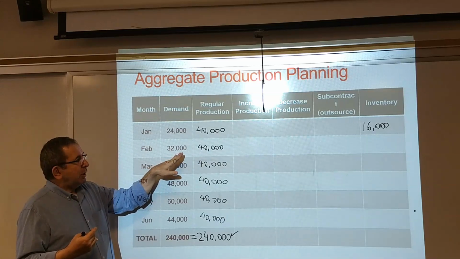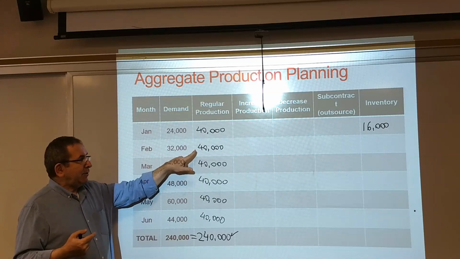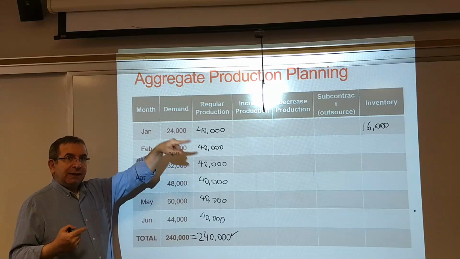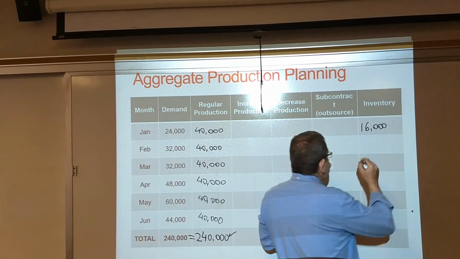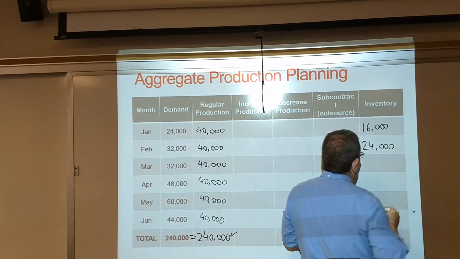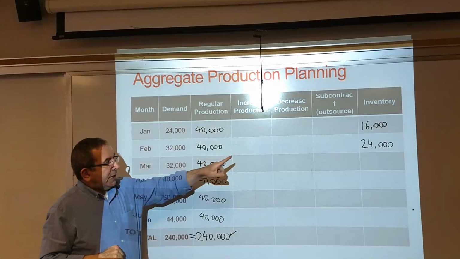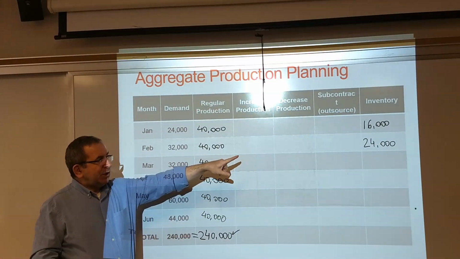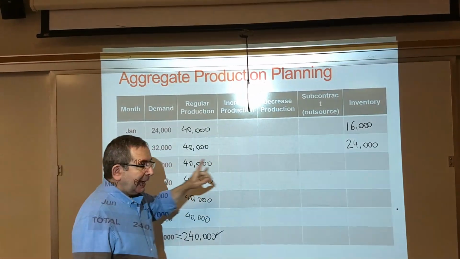So you sell 32,000 items, and the remaining 8,000 will be added to your inventory. So at the end of February, you will have 24,000 items in stock.